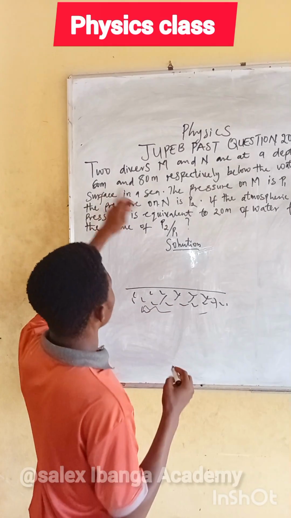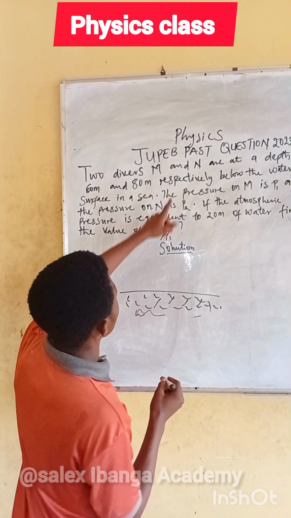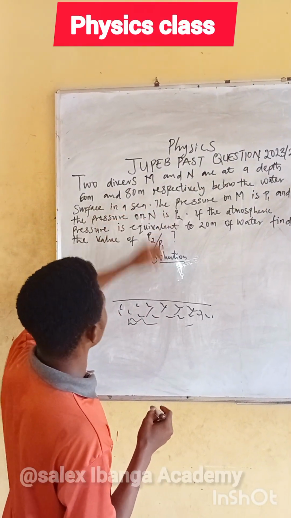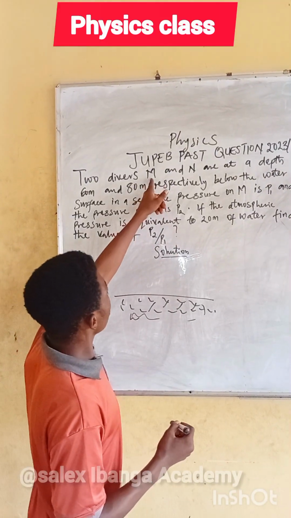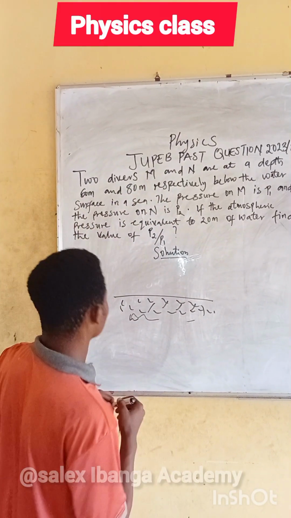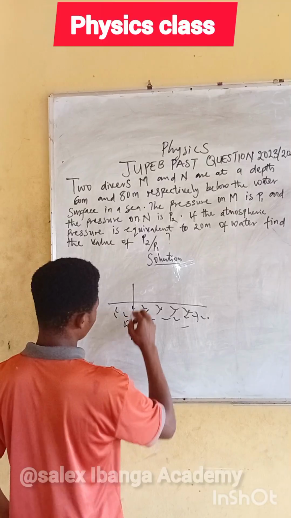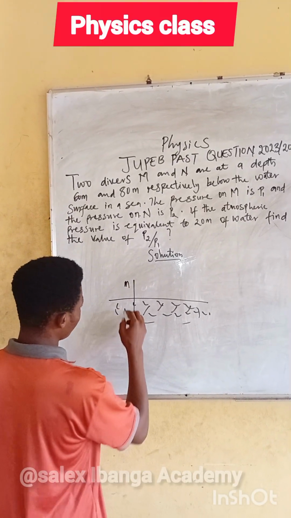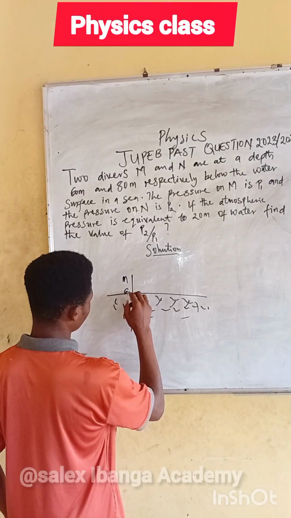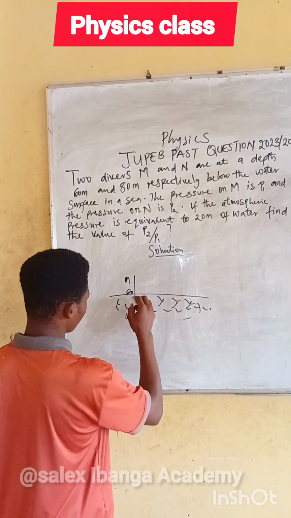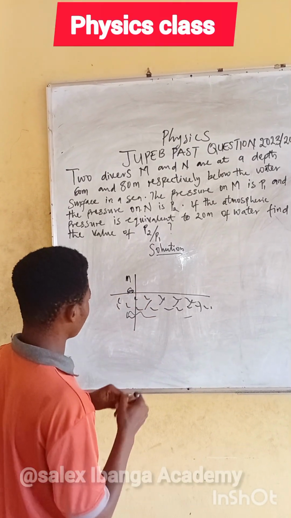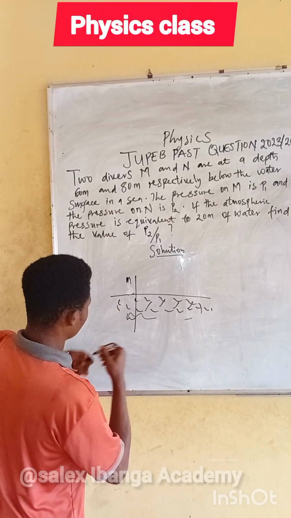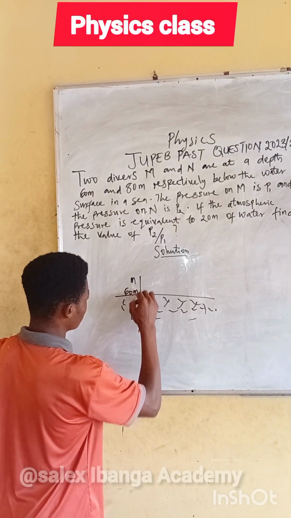So now they say two divers are at a depth of 60 meters. They say M is at 60 meters. So let me say this man here is at this point, 60 meters.